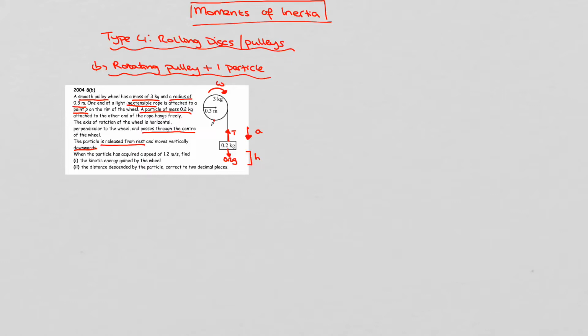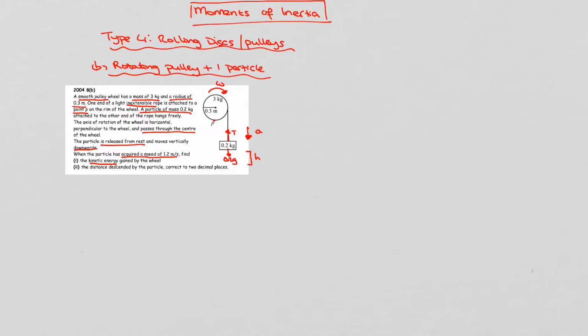So of course the first thing that we always do in these questions is work out what our moment of inertia is going to be, but it actually wants us in the first case to find the kinetic energy gained by the wheel. So it's actually breaking the question down for us. We're going to find the kinetic energy of the wheel first, given that the particle has acquired a speed of 1.2 meters per second.